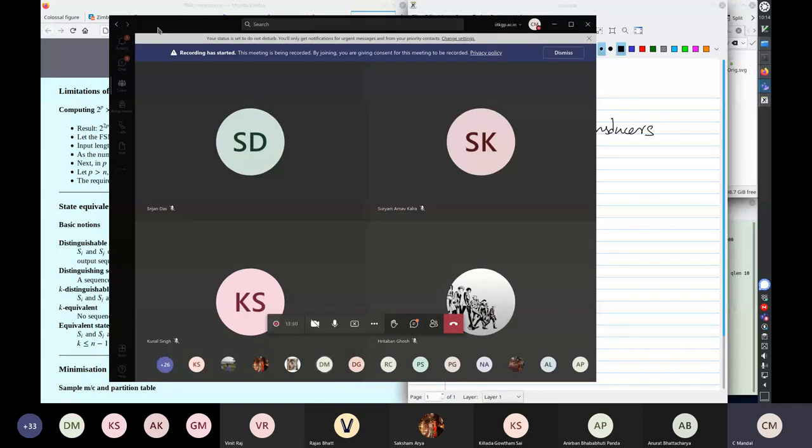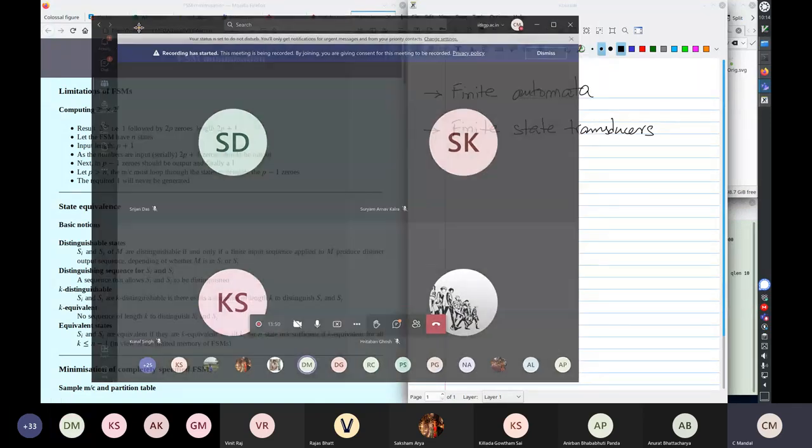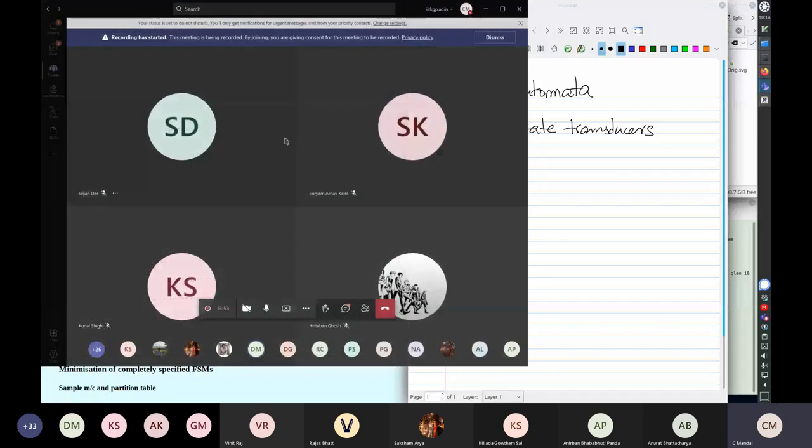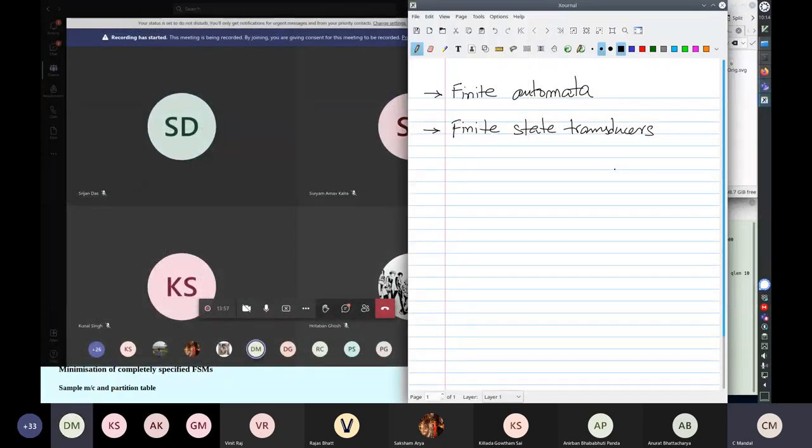Okay, so if they're the same, there should be a conversion. A finite automaton is defined by what? You don't have any output alphabet in a finite automaton, do you? In a finite state transducer, you saw that you have an output alphabet, right? But sir, in a Moore machine, the states have the state name and the output.